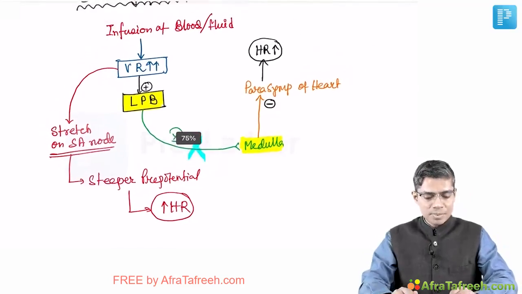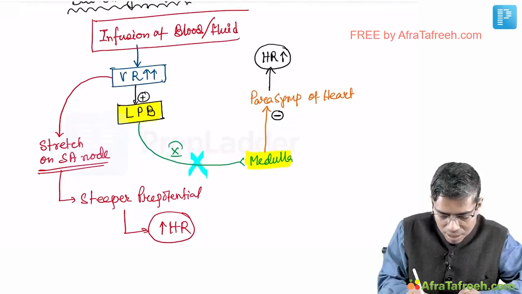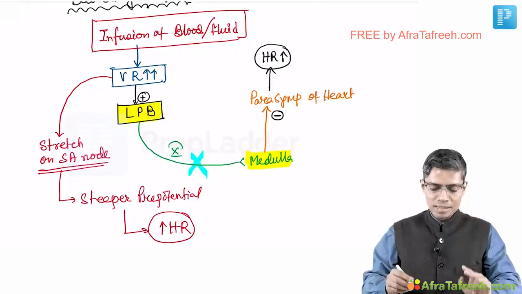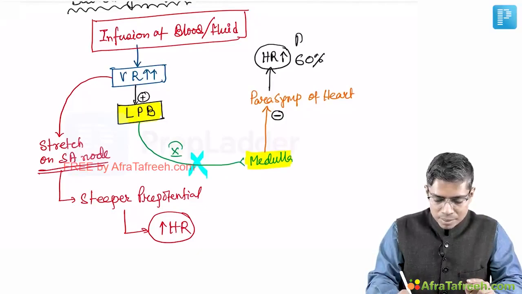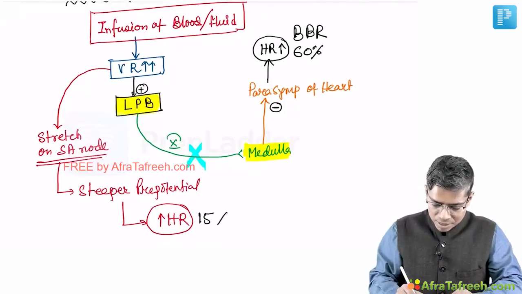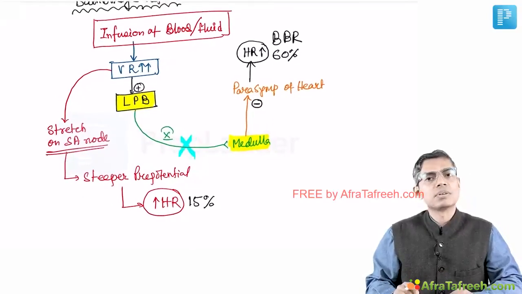So basically, if you give an infusion of blood or fluid, heart rate increases by two mechanisms. 60% of the increment in heart rate is done by the Bainbridge reflex. Another 15% increment is done by direct stretching of the SA node.